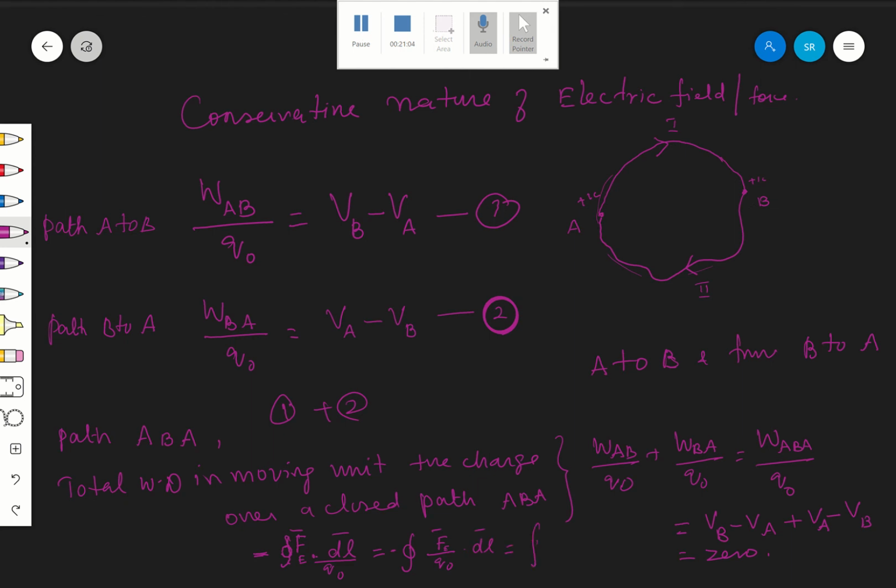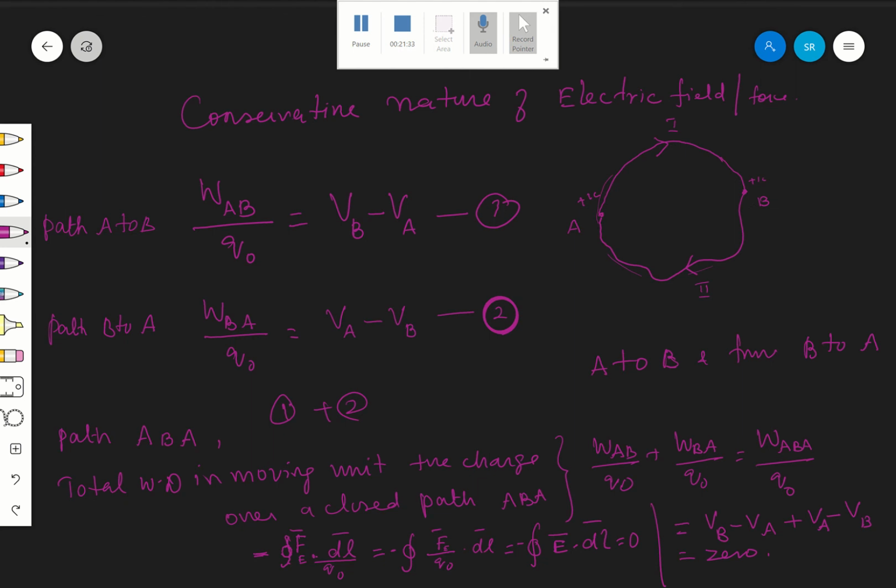F external is positive, but work done by the electrostatic force is negative. F_e by Q naught is nothing but E. So E dot dl, and that is equal to 0.